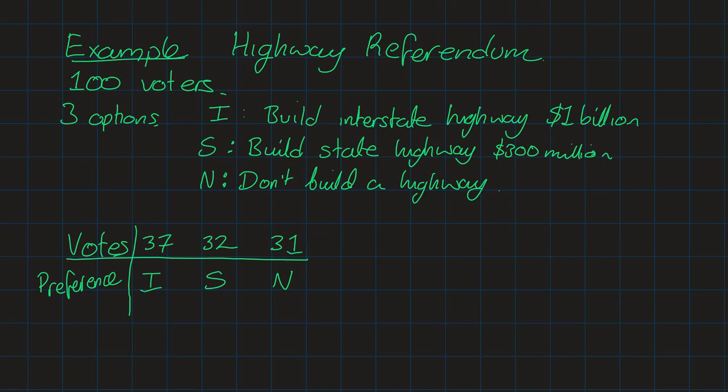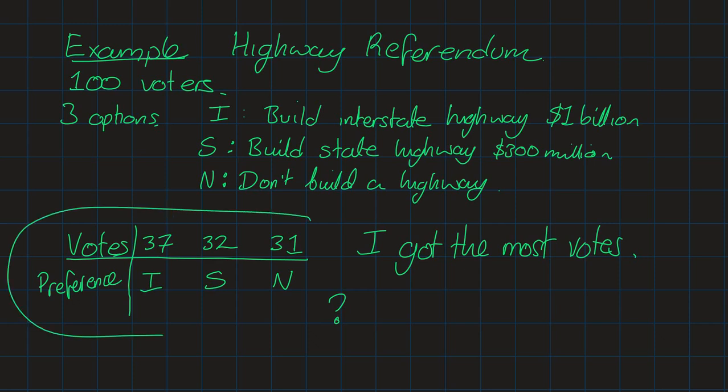So we see that I got the most votes. So you might conclude that building an interstate highway is the thing which best represents the desire of all of the people, right? Because in a situation like this, you want to choose what would make most people happy.